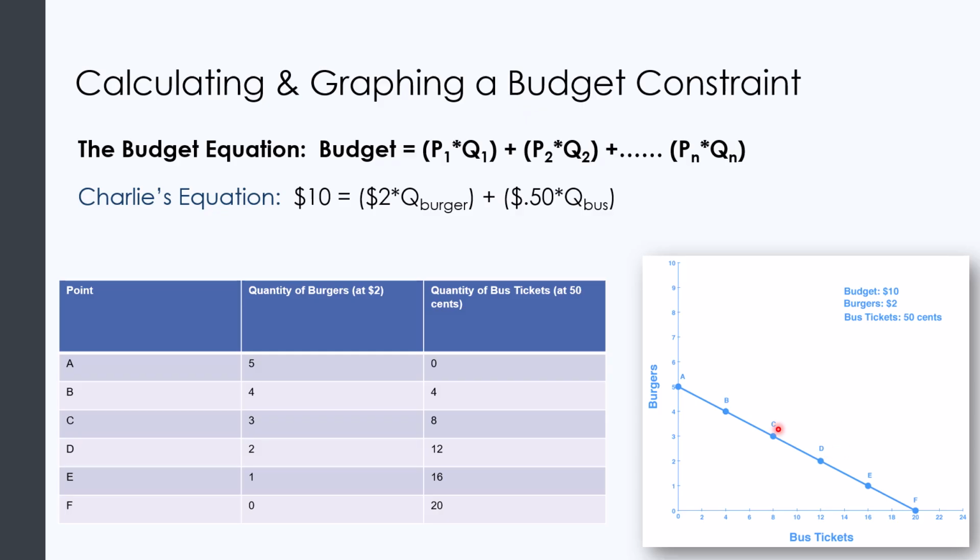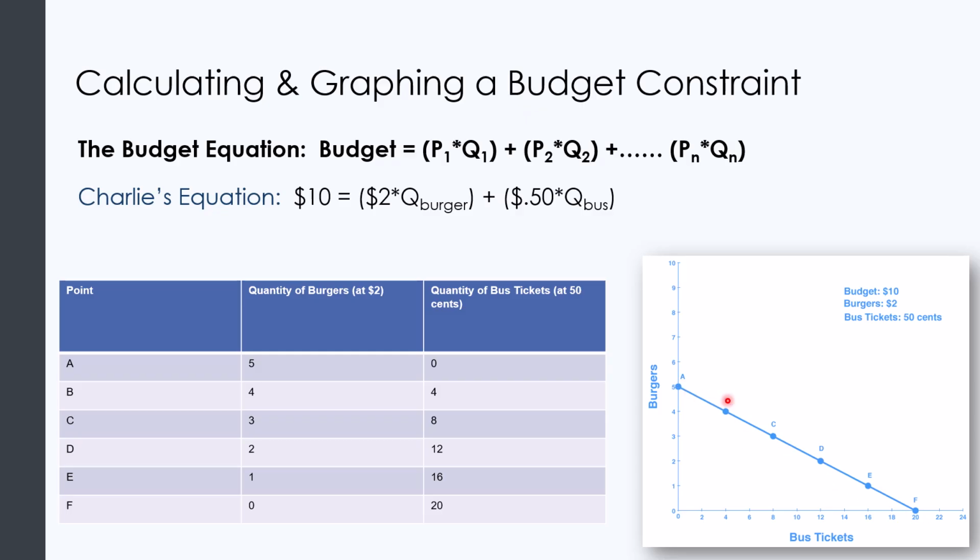And we could do the same at point C. If he wants 3 burgers, $6 on the burgers, $4 on the bus tickets. And point B, $8 spent on burgers for 4 of them, and 4 bus tickets with the remaining $2. Connect the dots, we have our budget constraint line.